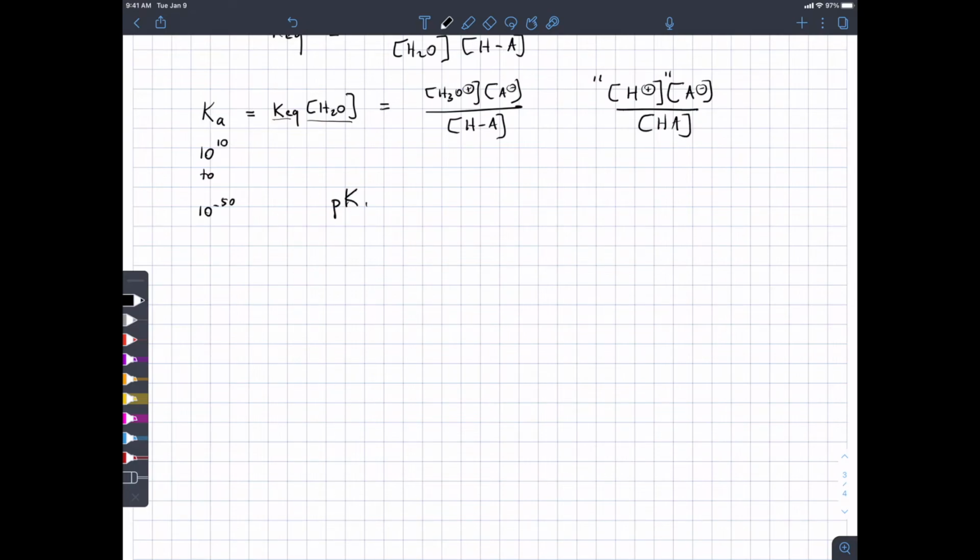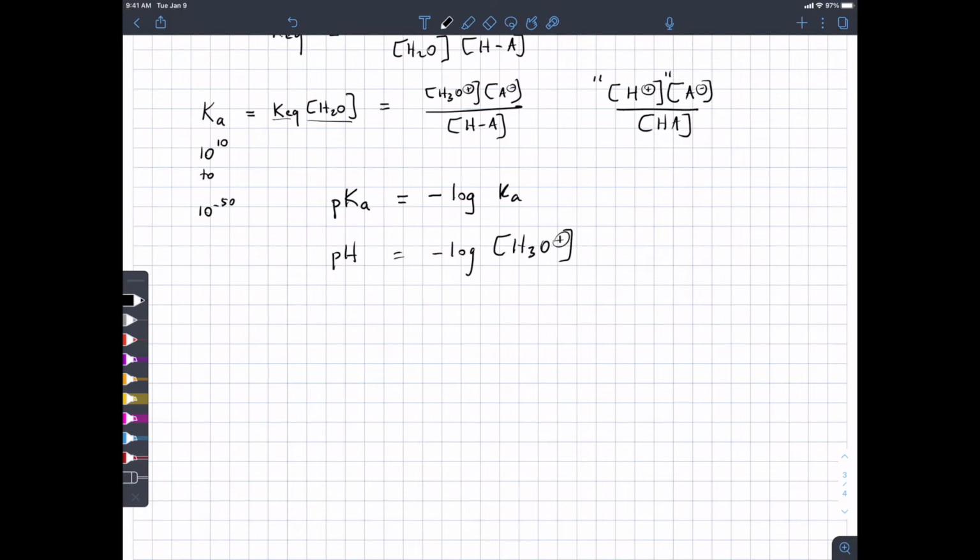We're going to define the term pKa, which is the minus log of Ka. By analogy, pH is the minus log of H3O plus. That's why when we say pH 7 water, what we really mean is the concentration of hydronium is 10 to the minus 7 molar, but pH 7 is much easier to say.